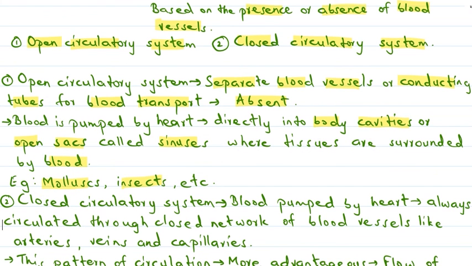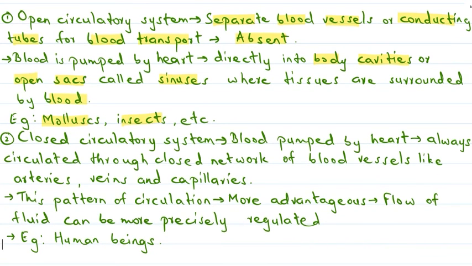Then we talked about the closed circulatory system. In closed circulatory system, the blood that is pumped by the heart always gets circulated through a closed network of blood vessels comprising of arteries, veins and capillaries. This pattern of circulation, where the blood is always being circulated in a closed network of blood vessels, is more advantageous.